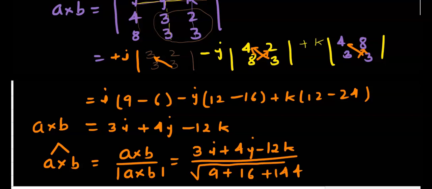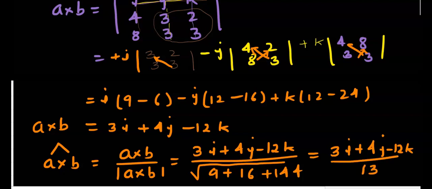If you add, it will be 169 and the square root of 169 is 13. So you can say 3i plus 4j minus 12k divided by 13. This is basically a unit vector which is perpendicular to both A and B vectors.